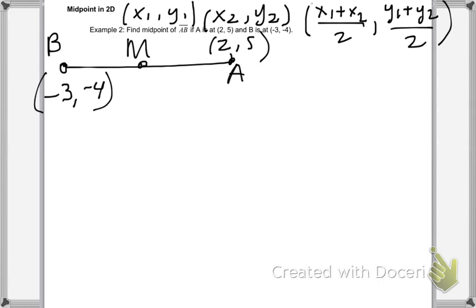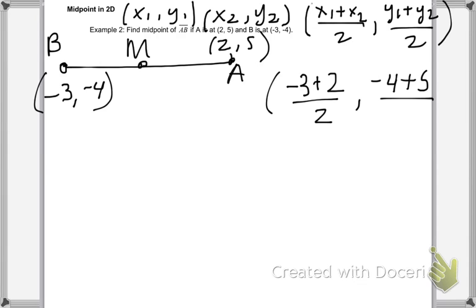So, take my x's and I add them. So I'm going to have -3 plus 2, divide that by 2. And do the same with the y's: -4 plus 5, divide by 2, and let's simplify. -3 plus 2 is -1, so -1 over 2 is my x value, and -4 plus 5 is 1.